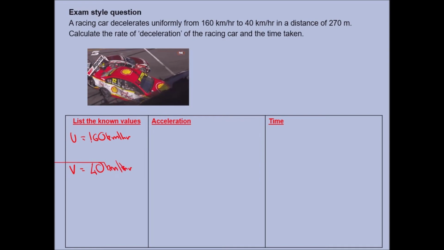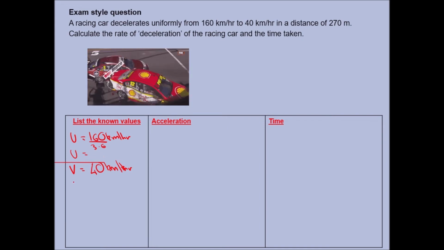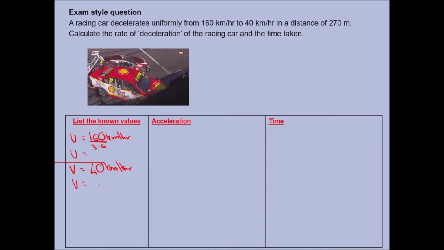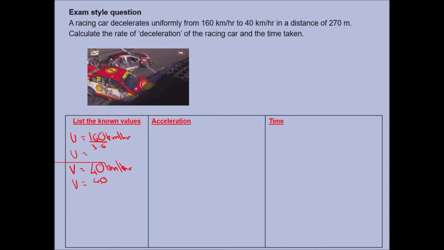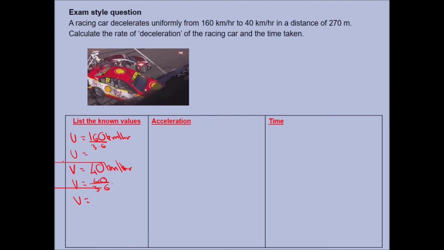And we're going to divide these by 3.6. Again, check out those videos. So we've got U equals 160 divided by 3.6, and V is 40 divided by 3.6. Pop that in your calculator.